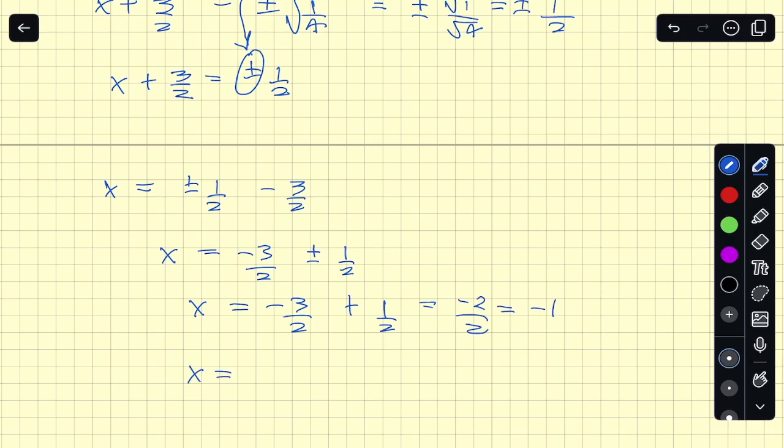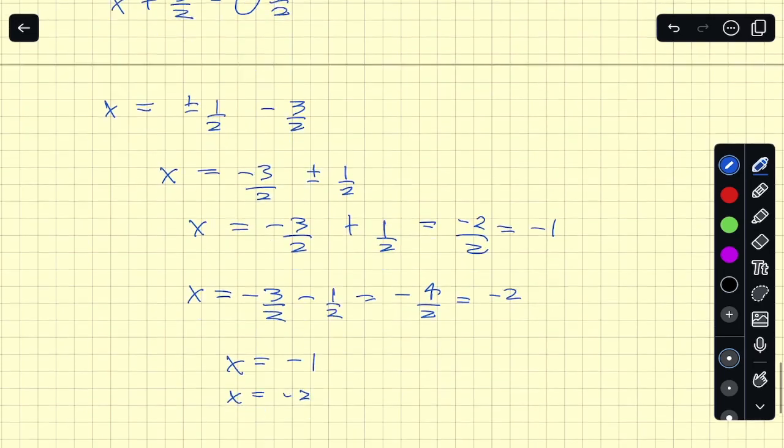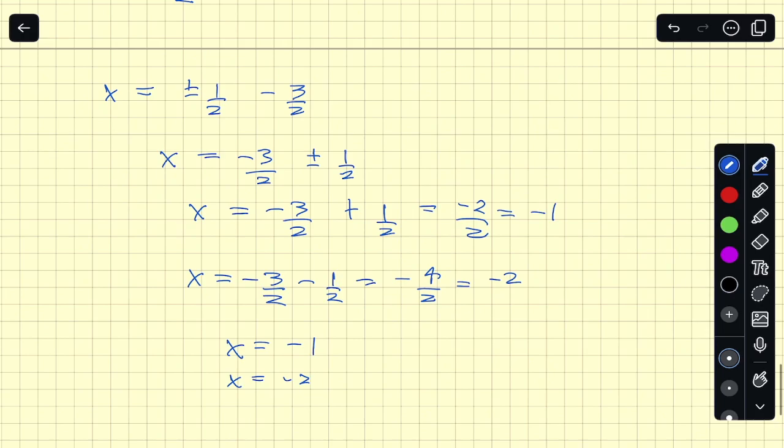Then the next case, I'm going to do the negative 1. So negative 3 over 2 minus a half is minus 4 over 2, which is minus 2. So I've got x equals minus 1 and x equals minus 2. And that's not lined up there, but you can see that x equals minus 2.